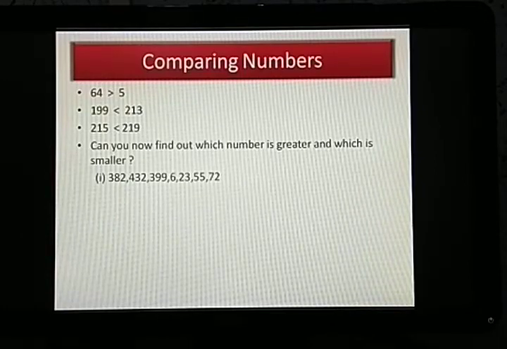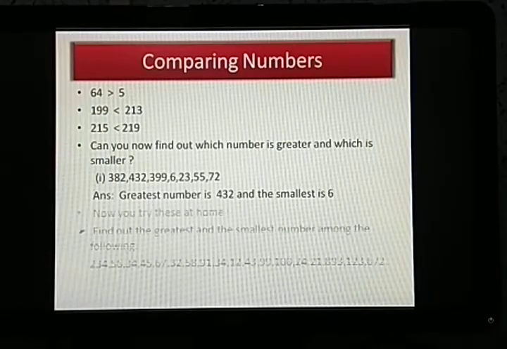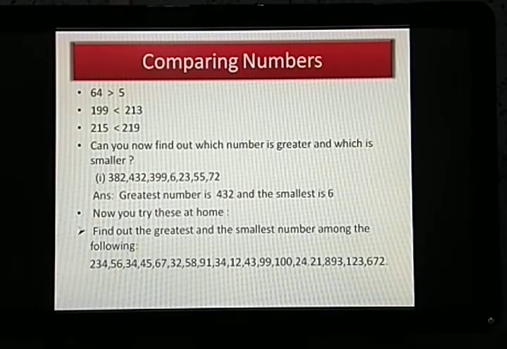Now can you find out which number is greater and which is smaller? Obviously this is very clear for you all that number 432 will be greater and the number 6 will be smaller. This is very easy for you all. Now we can try this at home, find out which number is the greatest and which number is the smallest.